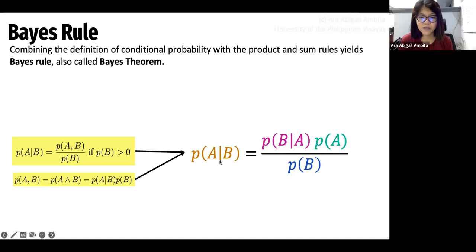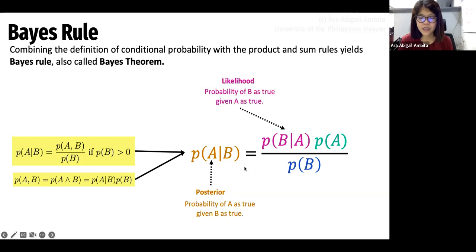The probability of A given B is the posterior, and it may be computed from the likelihood, the probability of B given A, times the prior, or the probability of A. So this is the knowledge. We already know this.